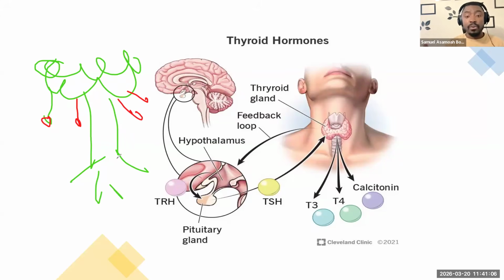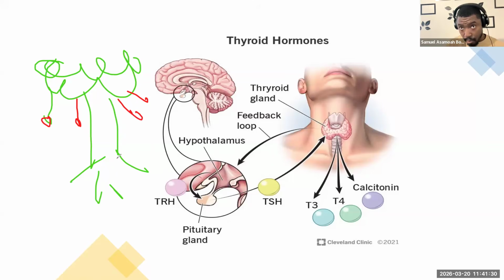Now, my question to you, what are the hormones that the thyroid gland will release? T3, T4, calcitonin. Okay. Now, if the body thinks that we've had enough of the T3, T4, and calcitonin, a message will be sent to the higher part, the headquarters, the hypothalamus, that please, we no more need the hormones.